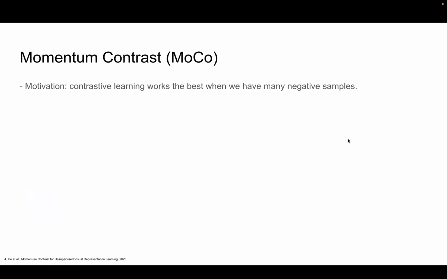One observation that people had when dealing with contrastive learning is that it typically requires a large number of negative samples to work well.